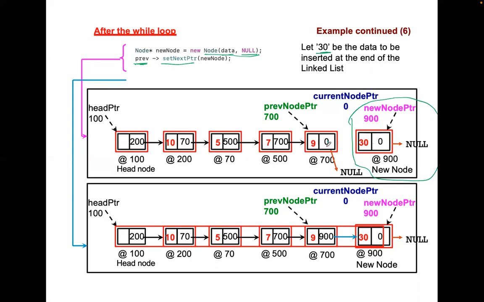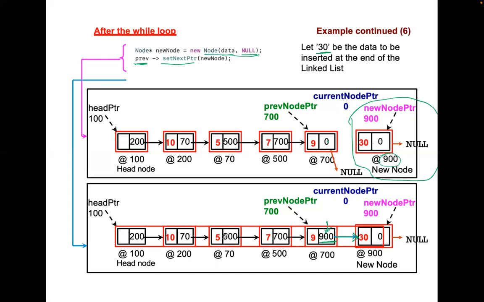You can see that now the previous node's next pointer is storing the address of the new node, which is 900. So now it is pointing to the new node.